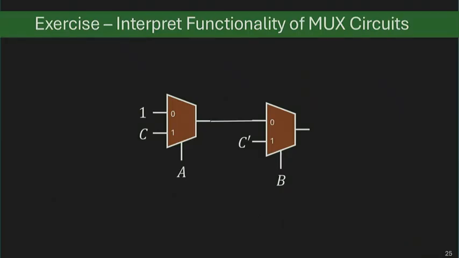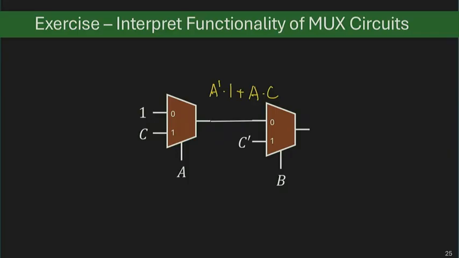So I have a more complicated example. Again, to interpret the functionality of such a mux circuit, we go through level by level, from inputs to outputs, and then gradually construct our Boolean expression. So at the first level, if A is 0, I can write it as A prime dot 1, plus if A is 1, the output is C. This is the Boolean expression way of recovering the output function.